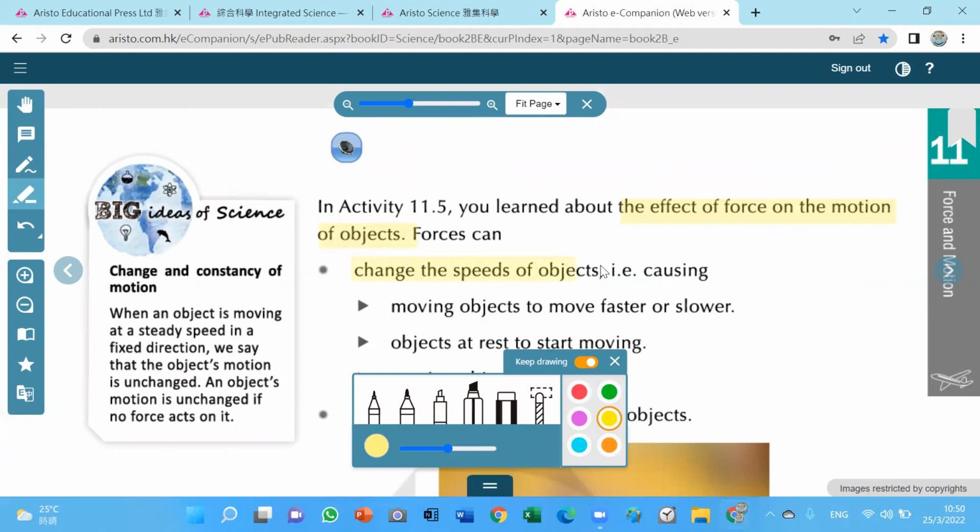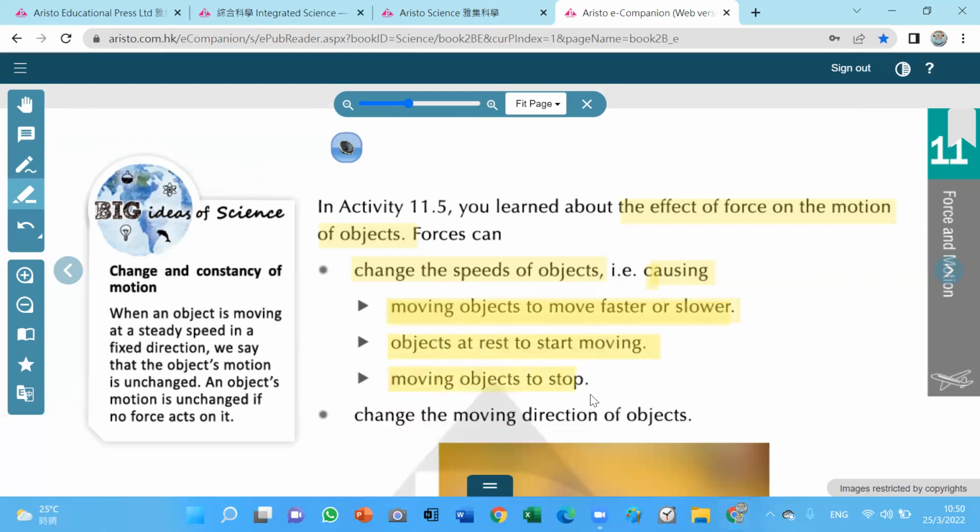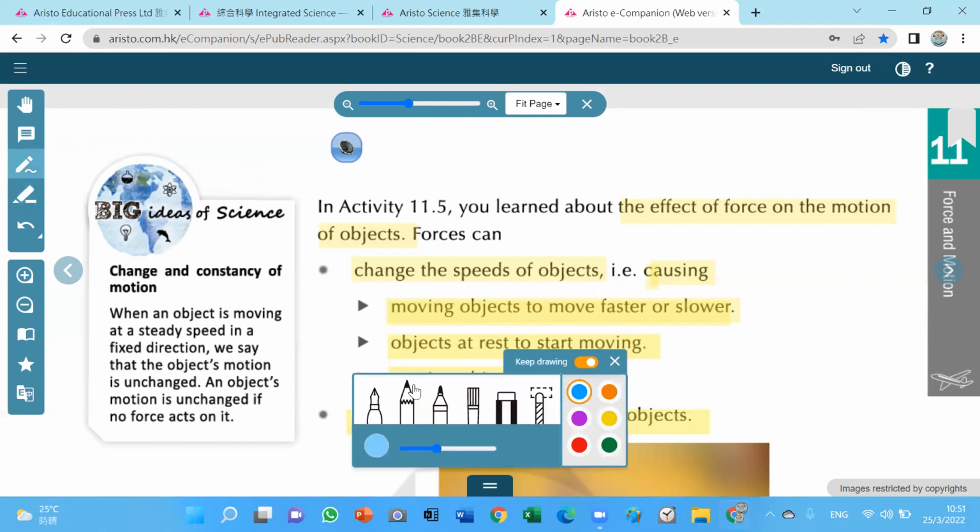Force can change the speed of the objects, causing moving objects to move faster or slower, moving objects at rest to start moving, moving objects to stop, or changing the moving direction of the object.